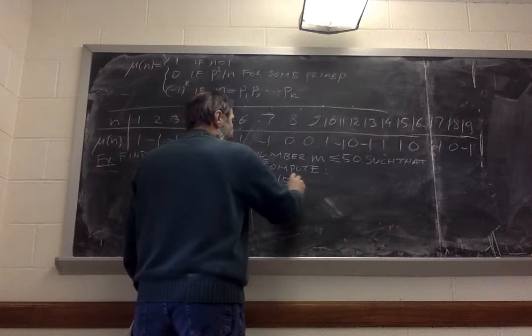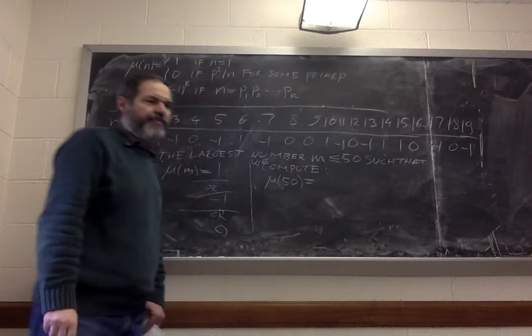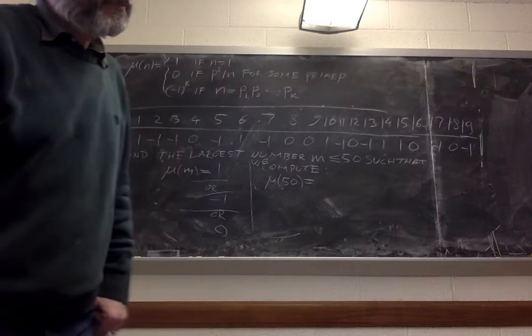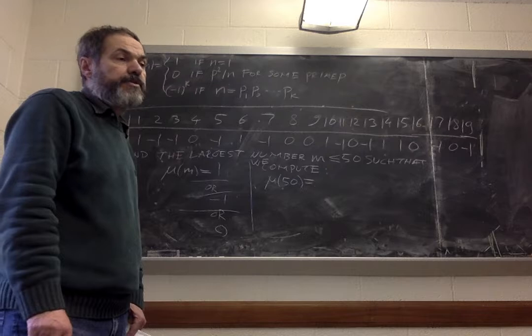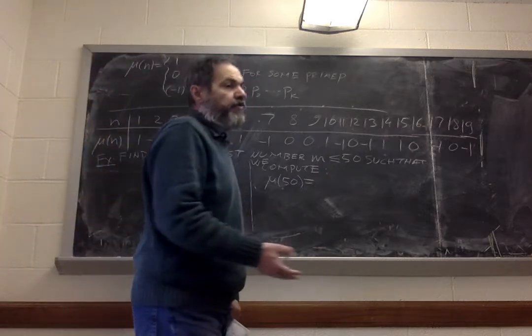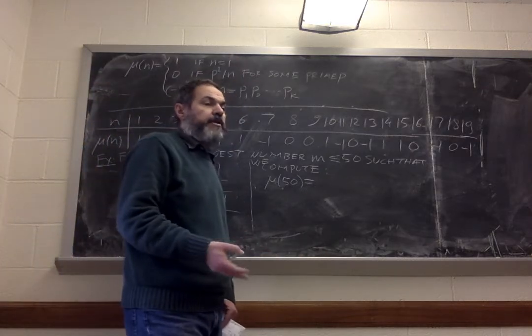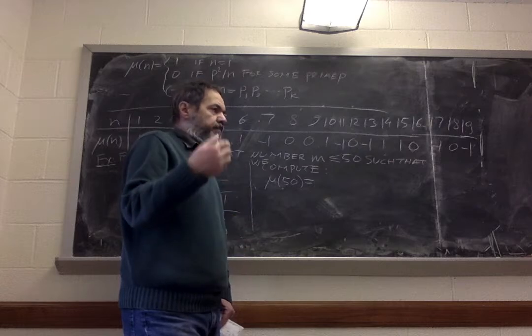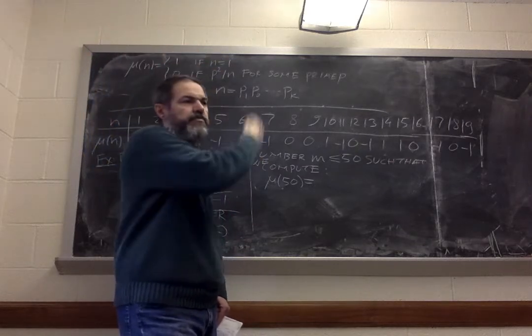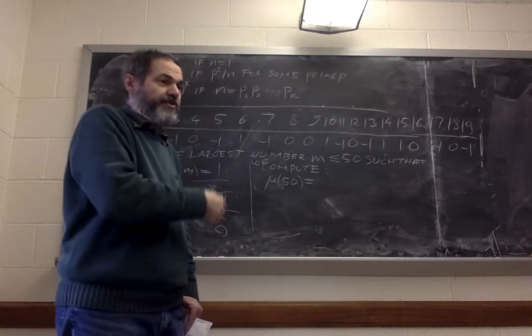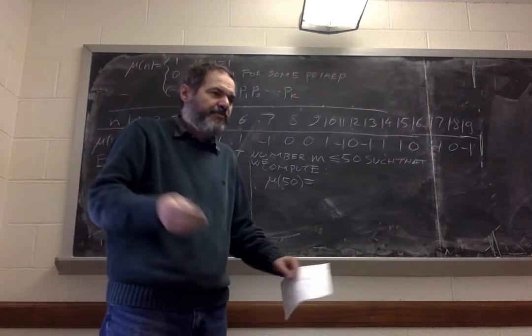Mobius of 50. I can do it in 2 ways. By cheating or by being honest. Cheating means I open a table. There must be tables with hundreds of thousands of values for the Mobius function, because this is an important function.